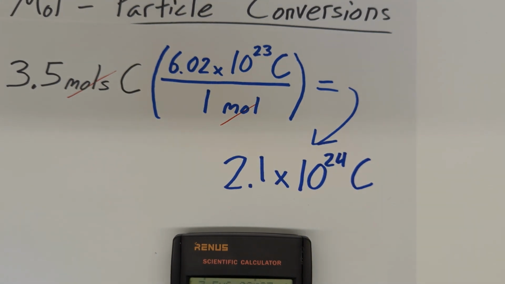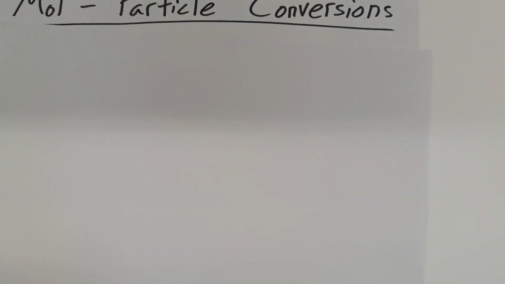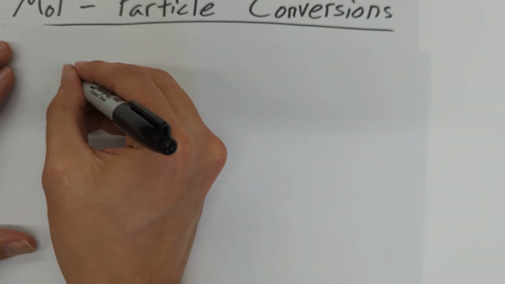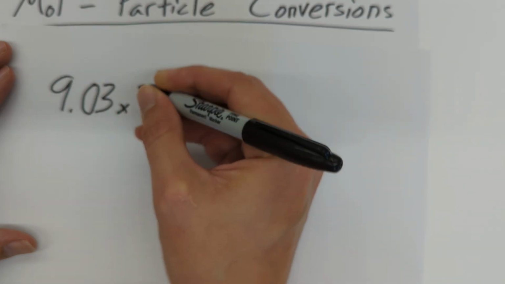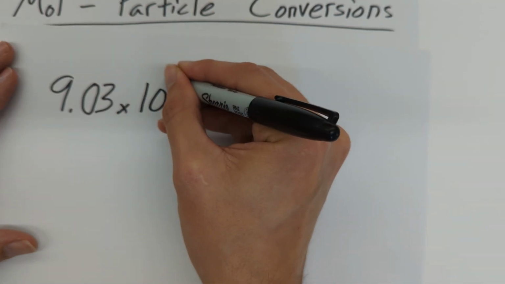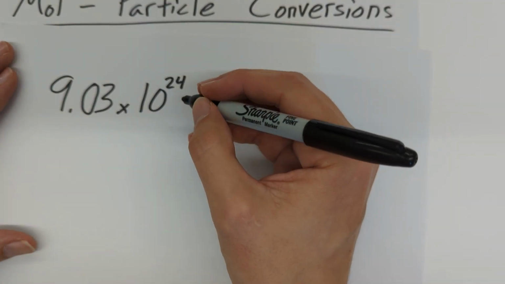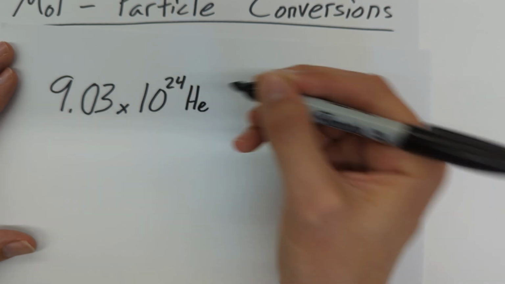We could do one in reverse as well. Let's say there was a question and it asked us, we had 9.03 times 10 to the 24 atoms of, we'll say helium atoms, just helium.